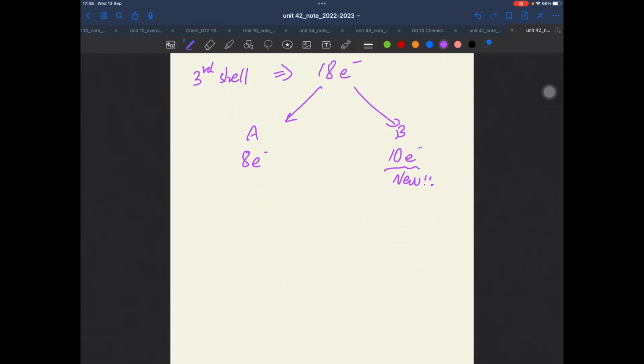That's why after 2,8,8, the next one is 2,8,8,1 for potassium, because they try to fill in the fourth shell first. But after calcium, 2,8,8,2, the next element will try to fill in this 10 electrons position.